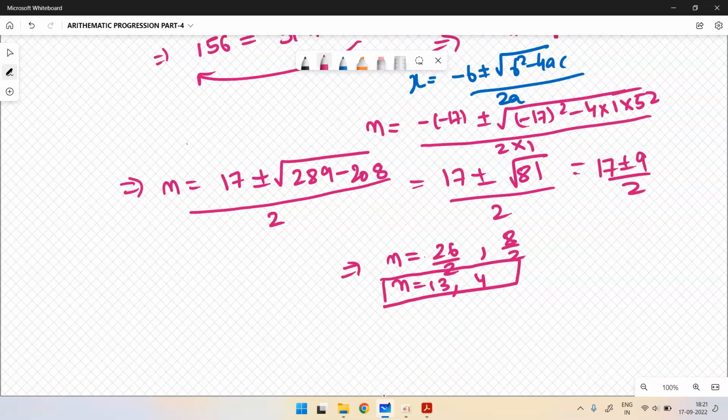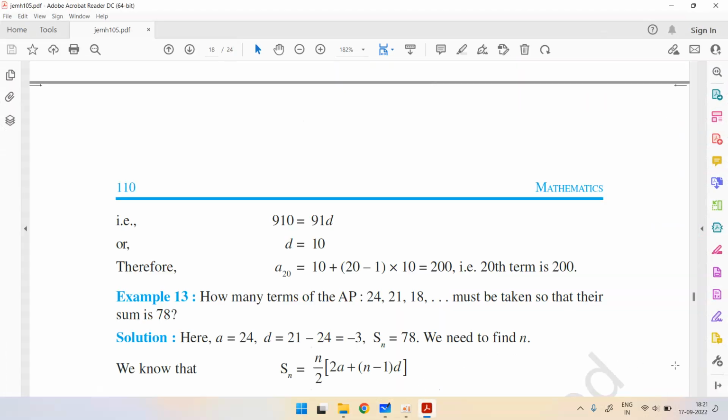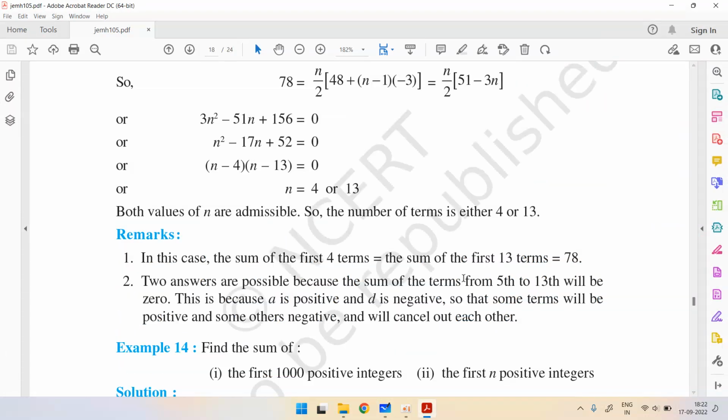So here the value of n is 13 and 4. Both values are possible. This is the answer.